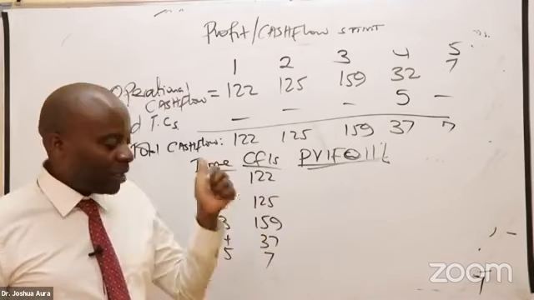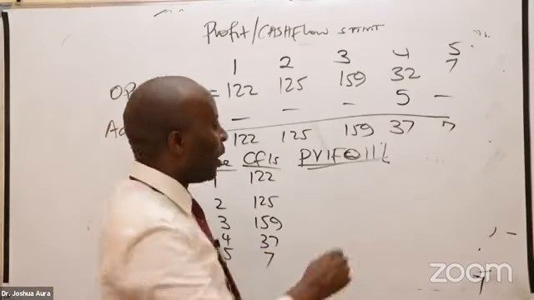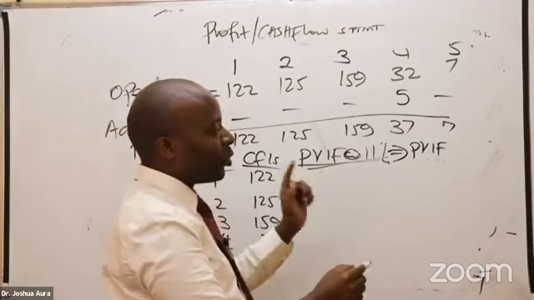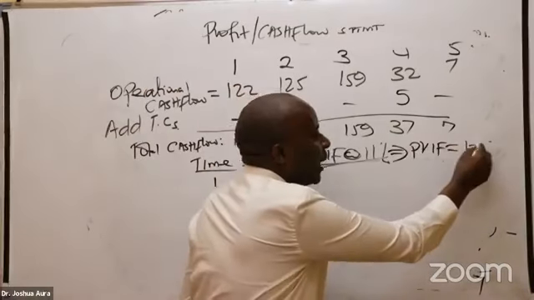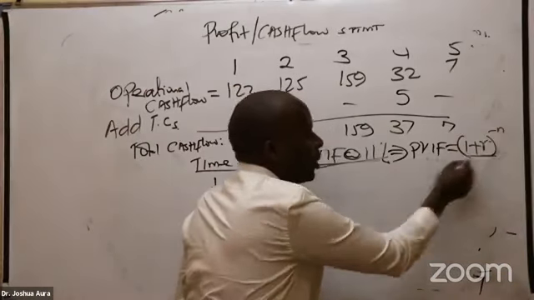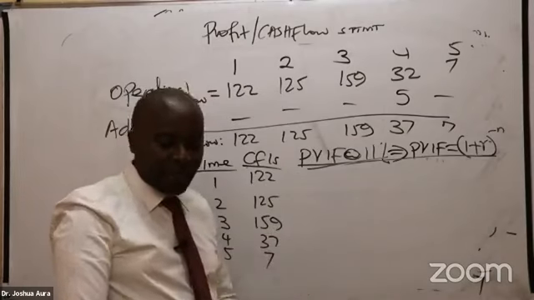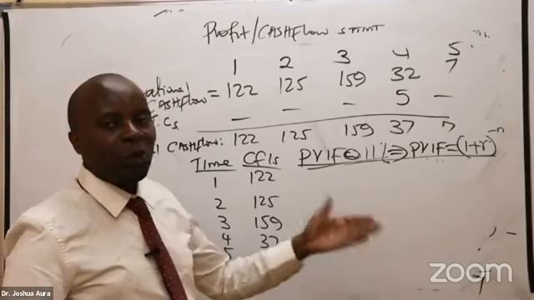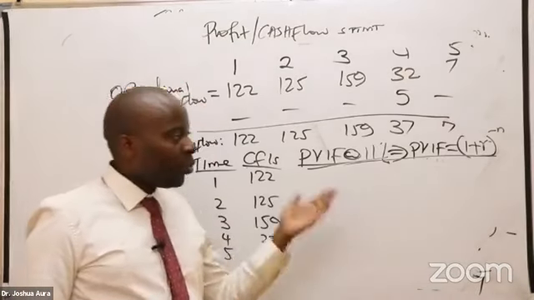Now that you've given me the cost of capital, I will remember the PVIF formula first. PVIF is the present value interest factor, which will be obtained by taking 1 plus R raised to negative n. So that will be 1.11, because R is the cost of capital, which is 11%.